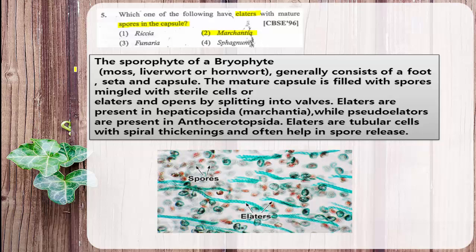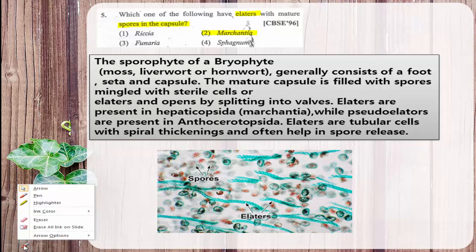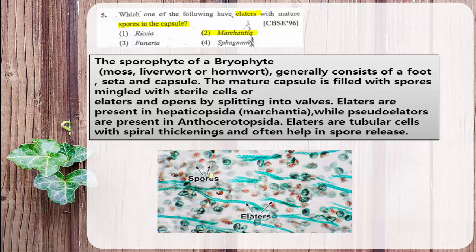Let us have a look at this image, then I will go to the clear explanation. All these are the spores present in the capsule, and these ribbon-like spiral structures are nothing but elaters. What is their function?